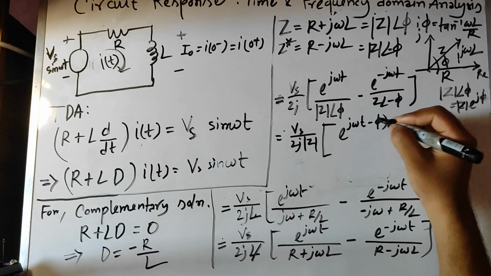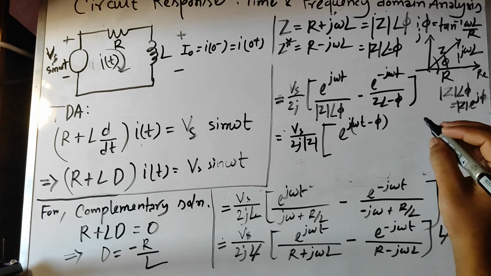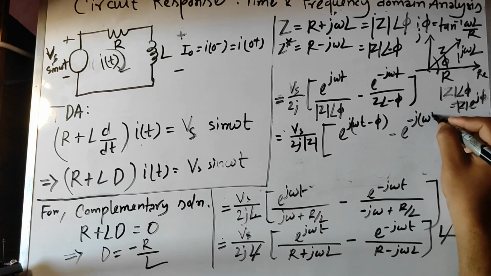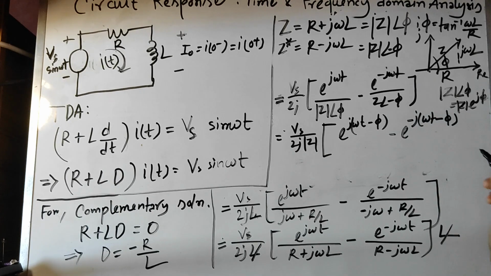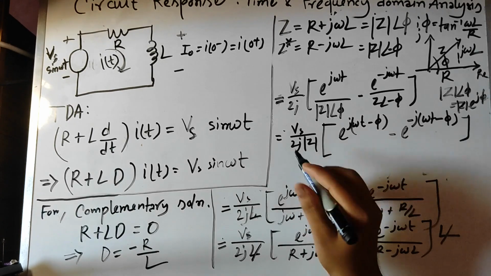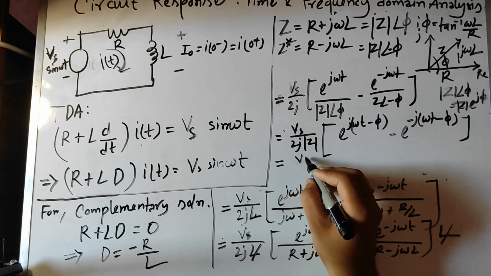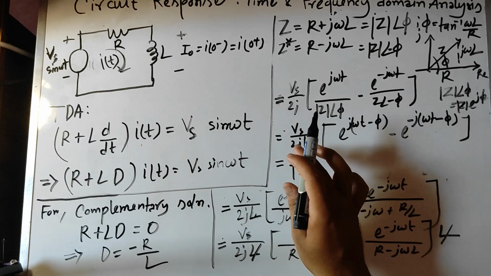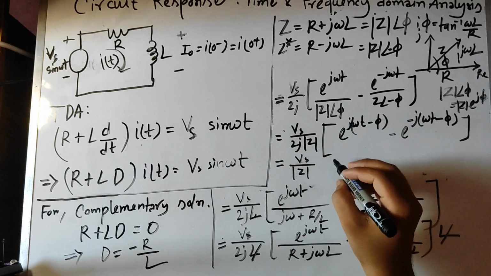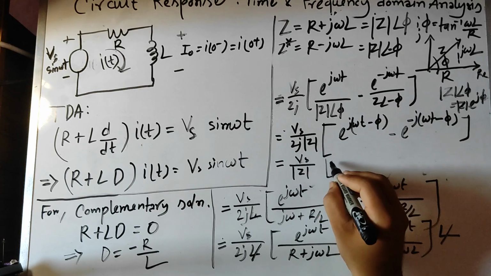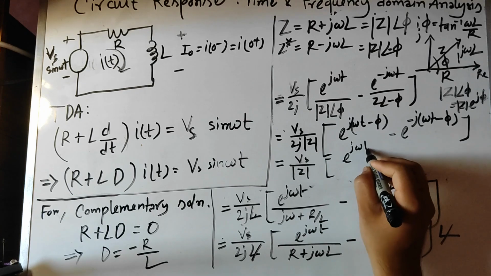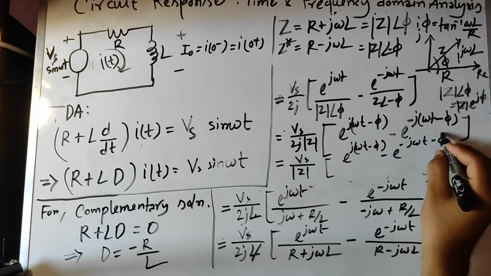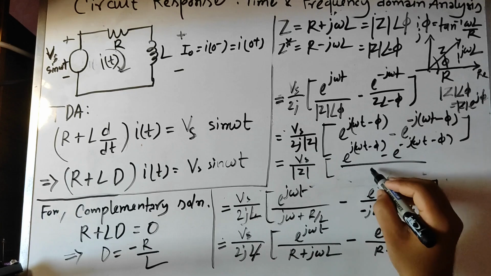So you can write it like this: minus e to the power minus j omega t minus phi, which can be very easily written as z, and if we take the 2j term inside the brackets, we will get e to the power j omega t minus phi minus e to the power minus j omega t minus phi, by 2j.